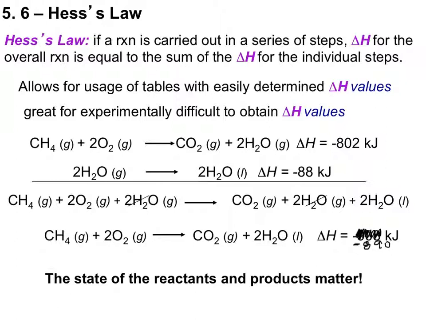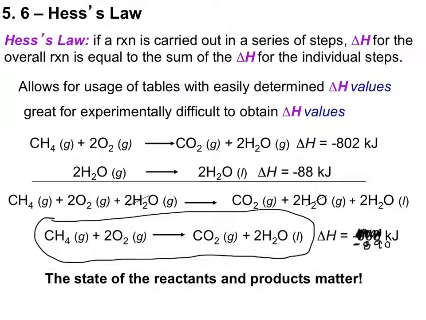So if we look at an example below, notice that we want the equation that relates the combustion of methane to its corresponding products, but we want CO2 in the gaseous state and H2O in the liquid state.